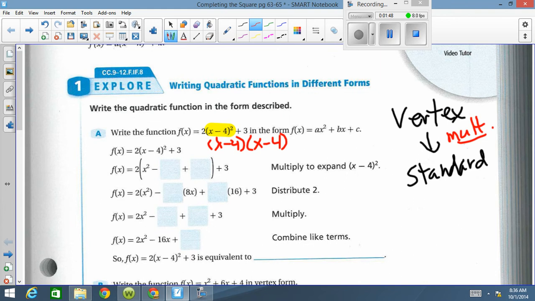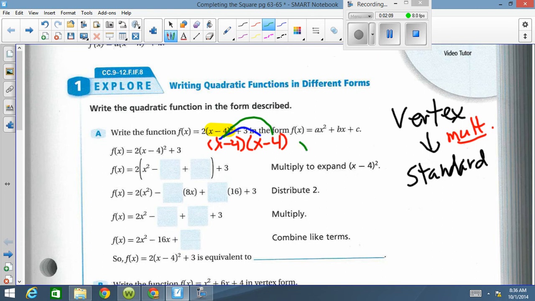All right, so you see that the 2 is still down in front, but when I FOIL this out, x times x is this x squared. When I go outside, x times negative 4, let me just write this over here.